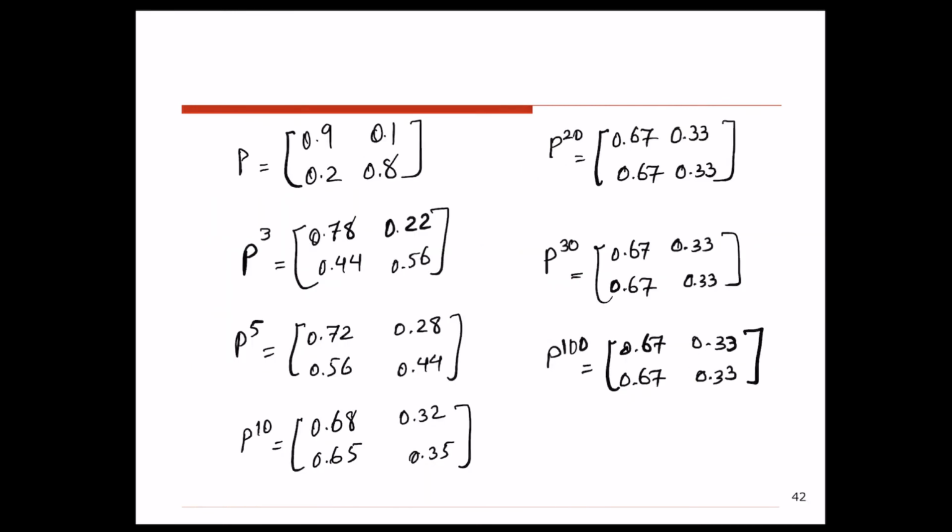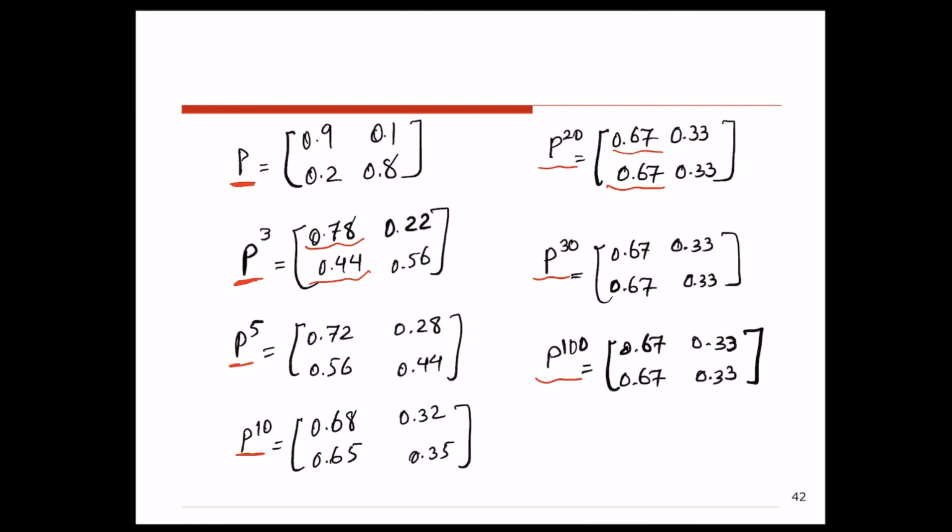One more thing I want to mention is that if we go back and look at the cola example, we had the one-step transition probability matrix, but then we calculated a 3-step, 5-step, 10-step transition probability matrix, and we saw the change in the transition probability values going from one scenario to another. Finally we saw that these values started to converge after we got to the 20-step, 30-step, 100-step transition probability matrix, and so forth.